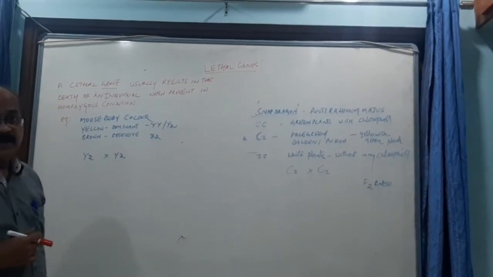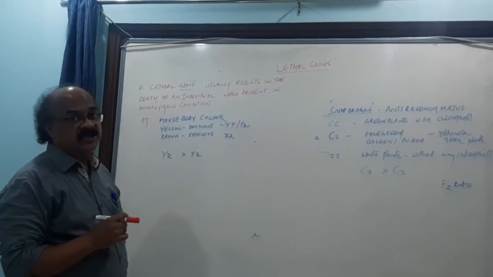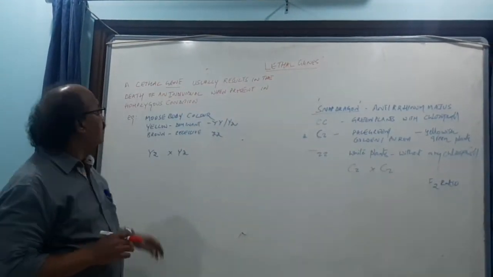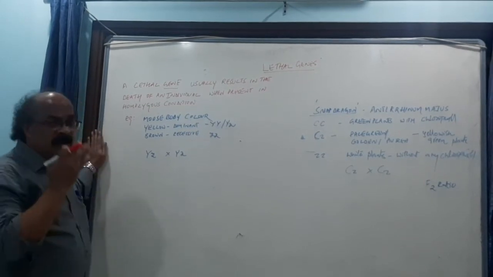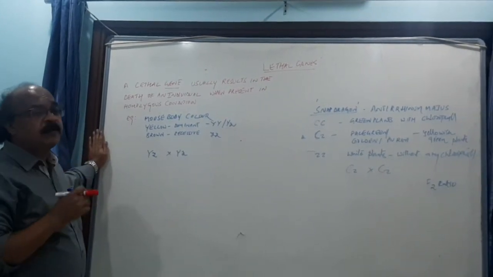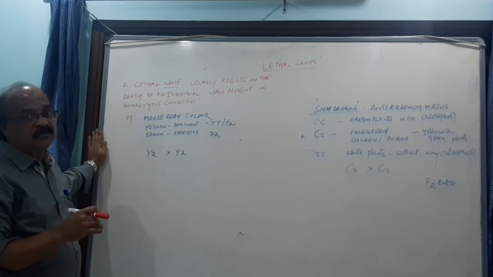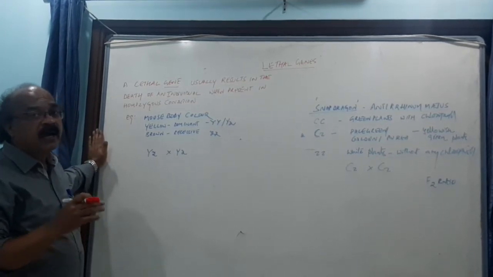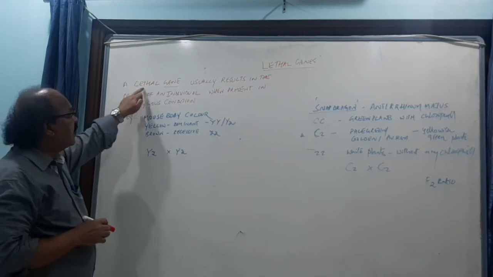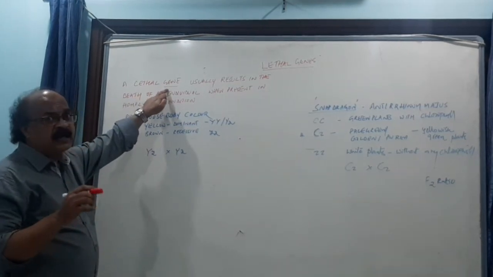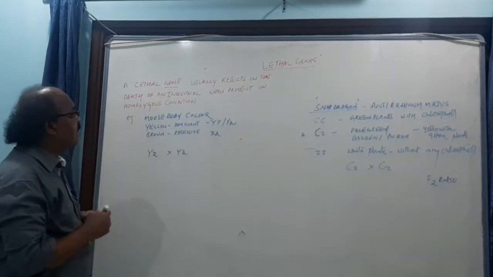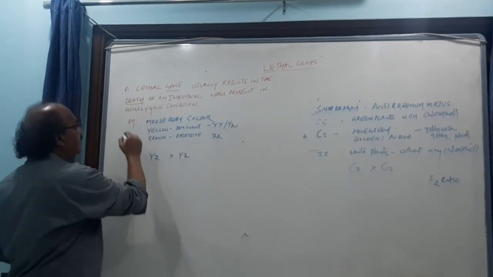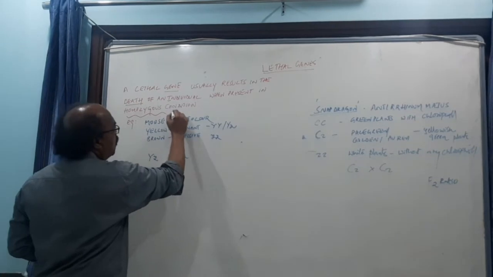The next one is lethal genes. Lethality means it is not safe; the plant or the organism may die. A lethal gene usually results in the death of an individual when present in homozygous condition.